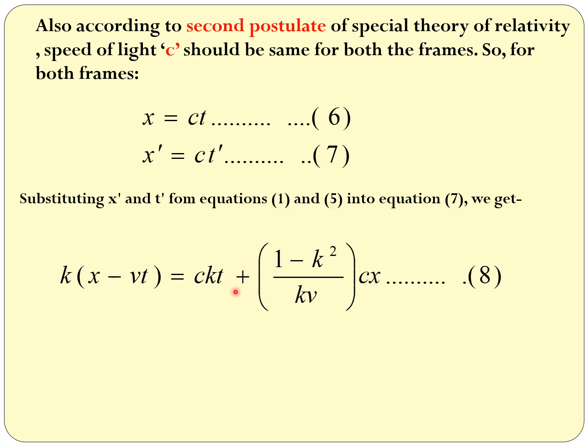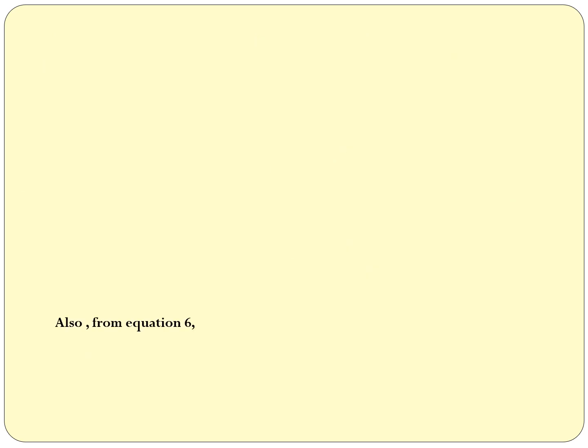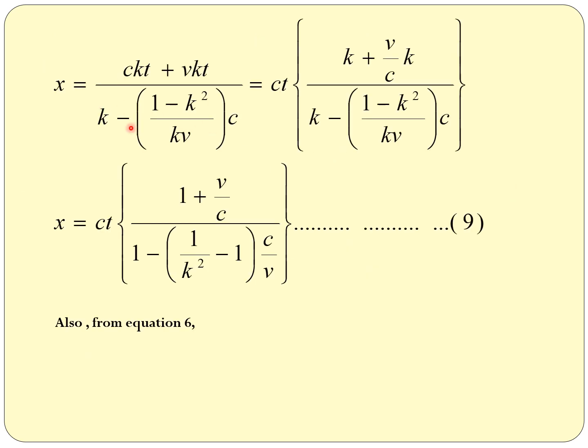If we put these values in equation number 7 and solve this equation for x, because we want x in terms of t, we will get x is equal to ckt plus bkt divided by (k minus (1 minus k square) by kv c).